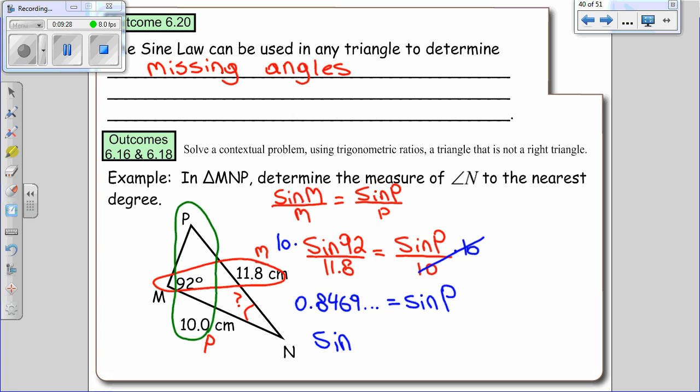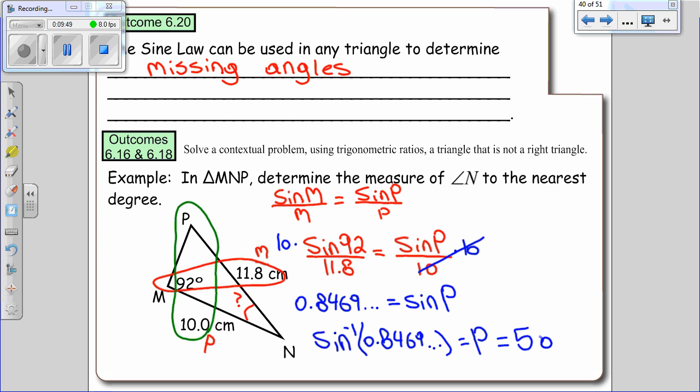And then in the brackets, you put that answer you got before, the 0.8469. That'll tell you what P is. In our case, P equals 58 degrees.